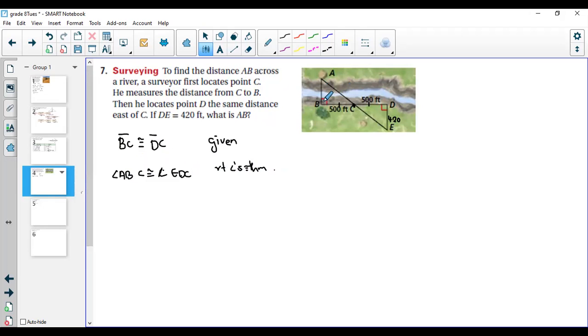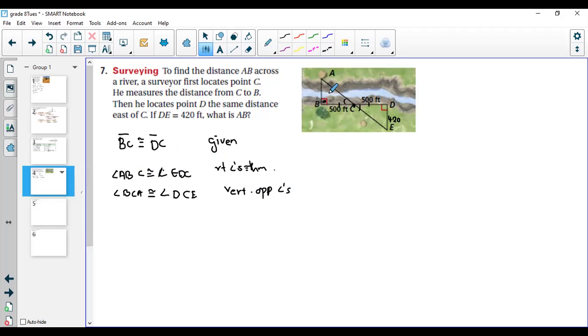Okay, so we are using this angle, we are using this side. Now what else can we get from this diagram? We could say that these two are congruent as well, because they are vertically opposite angles, right? So we could say angle BCA is also congruent to angle DCE because they are vertically opposite angles.